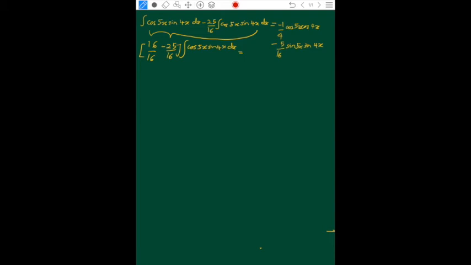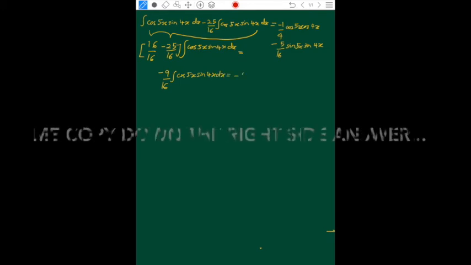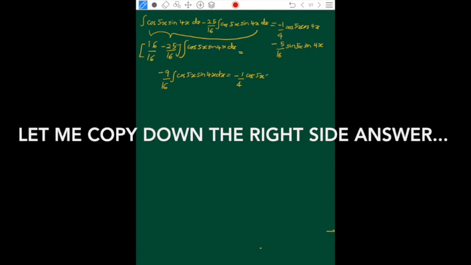Let's settle this one first. 16 minus 25, you'll get minus 9/16. So minus 9/16 times the integral of cos 5x sine 4x dx equals negative 1 over 4 cos 5x cos 4x minus 5/16 sine 5x sine 4x.